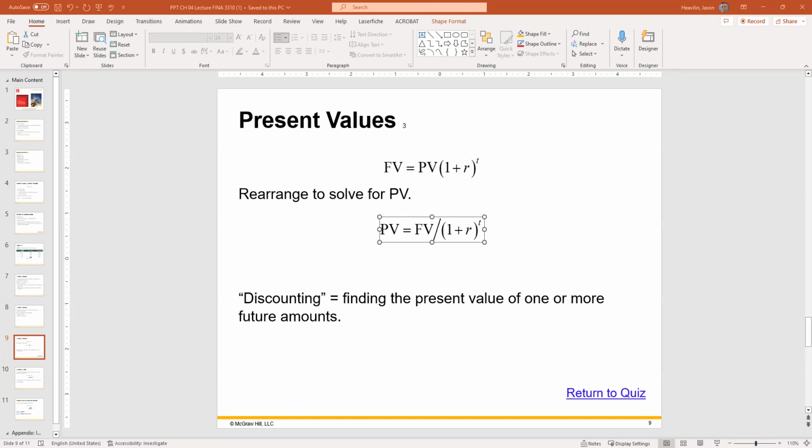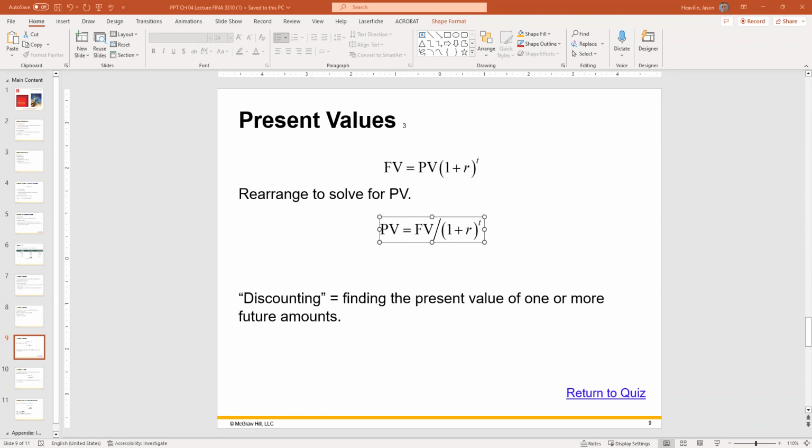And let's say that I am 25 years old and I'm going to retire 40 years from now. And to keep it simple for now, we're going to assume that that 10% is annually compounding.